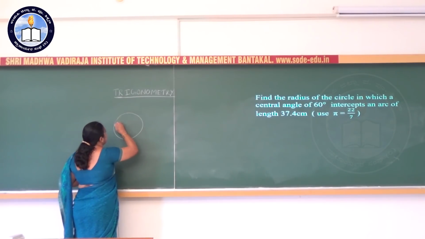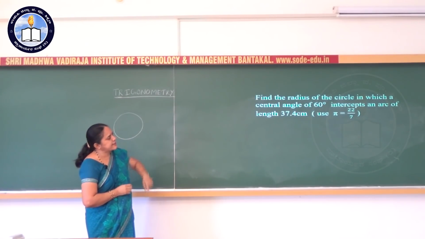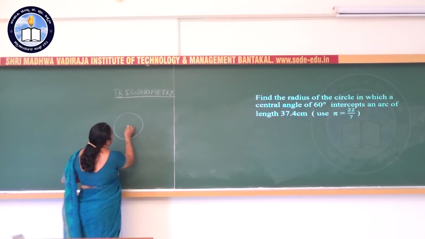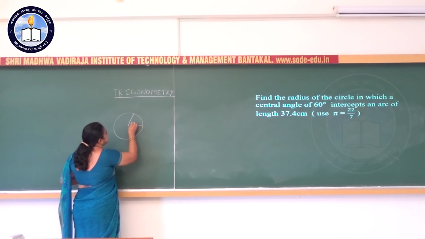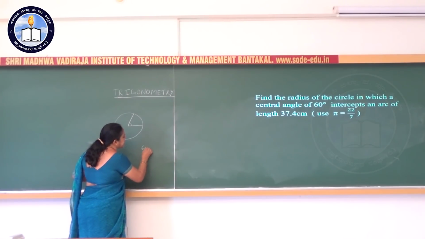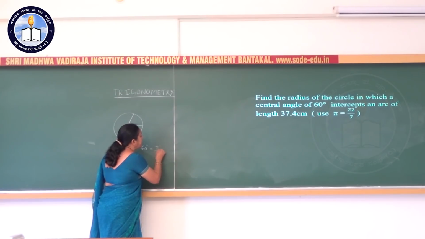Given a circle, find the radius of the circle in which a central angle of 60 degrees. What is 60 degrees in radians? 60 degrees is equal to pi by 3 radians.